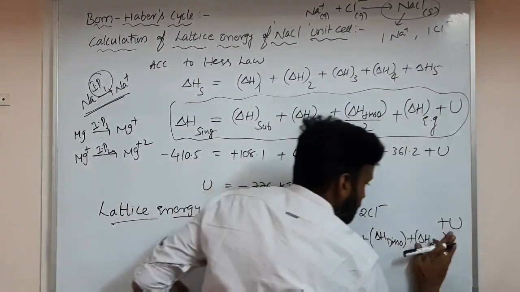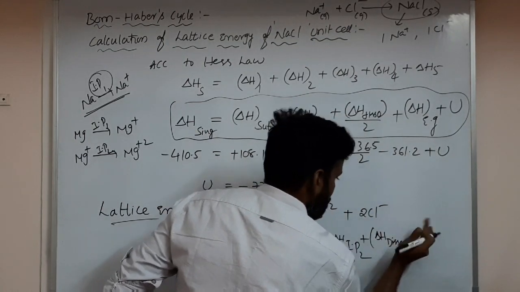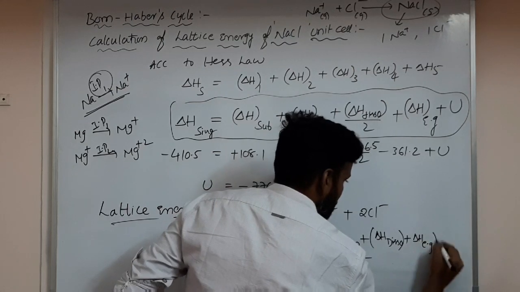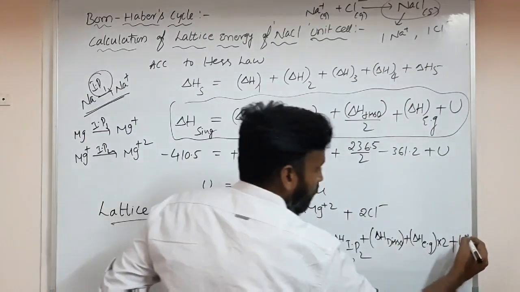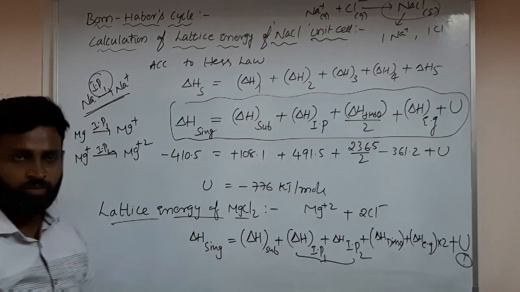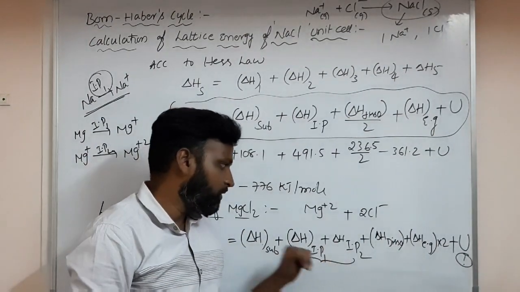So if you want, I will write it clearly here. Delta H dissociation plus delta H electron gain enthalpy into 2 plus U lattice energy. For this MgCl2, first sublimation, delta H IP1, delta H IP2. Why did I take 2 times?